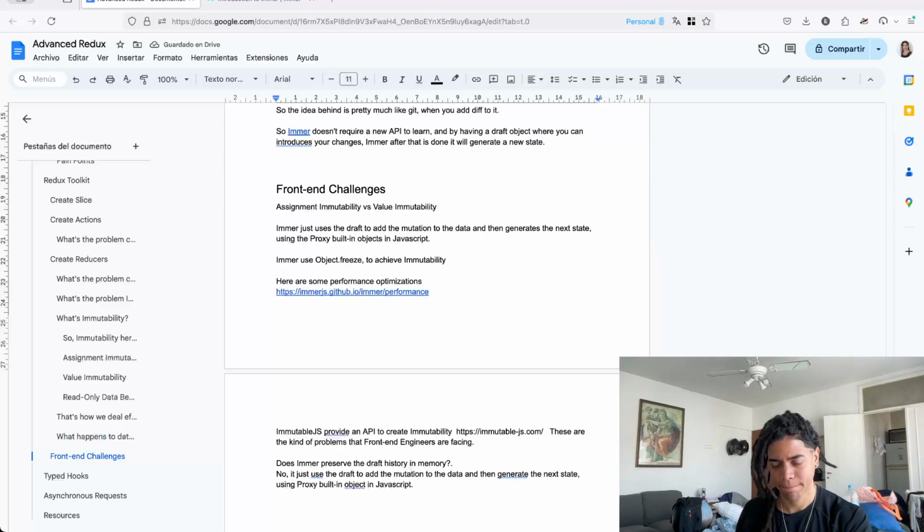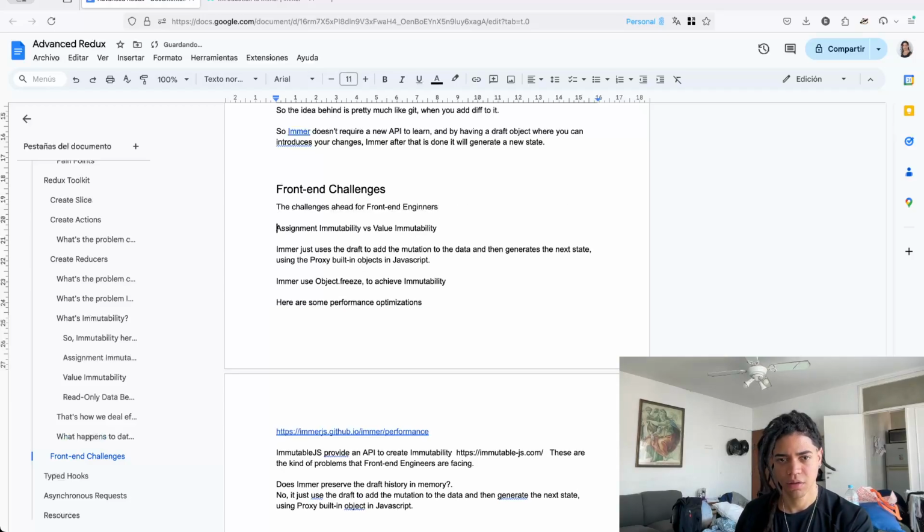Exactly. The challenge ahead for front-end engineers. The challenge ahead for UI engineers. The challenge ahead for UI engineering. Yep. The challenge ahead for UI engineers.